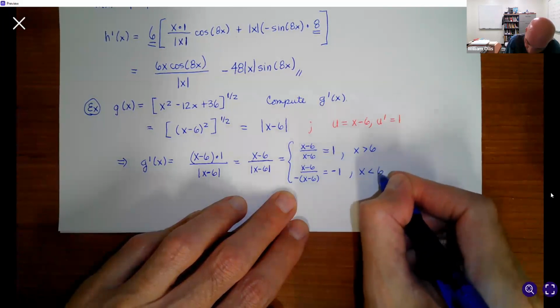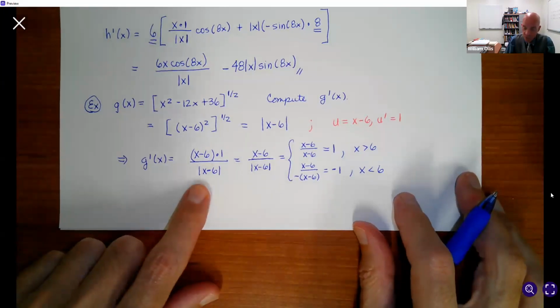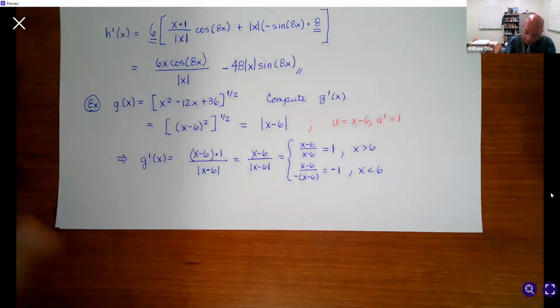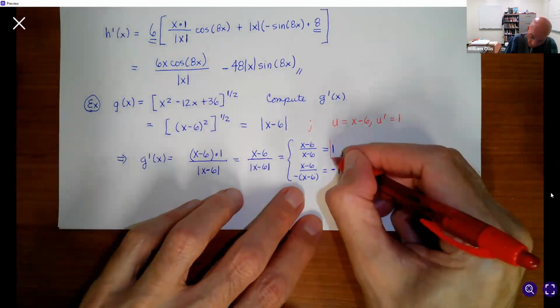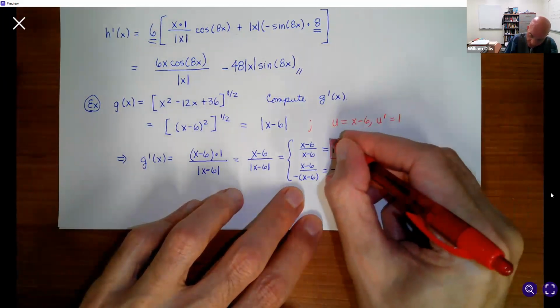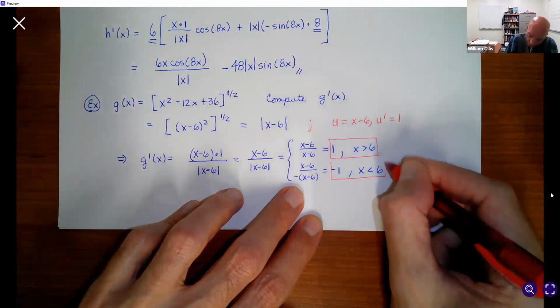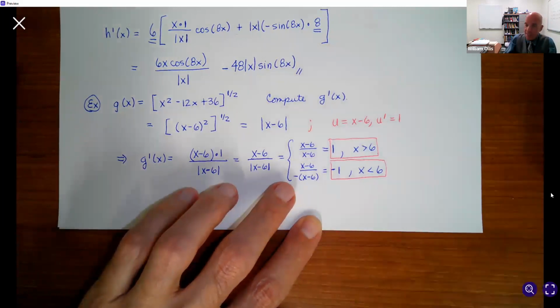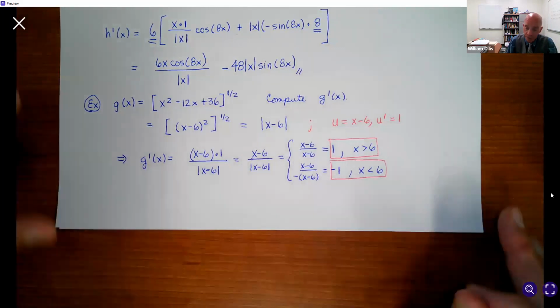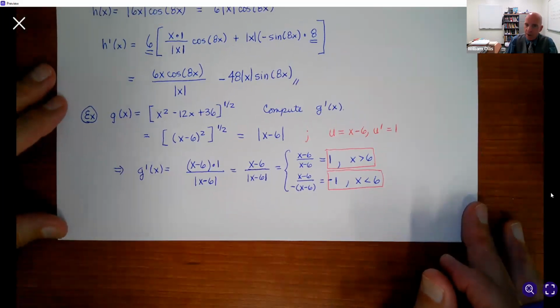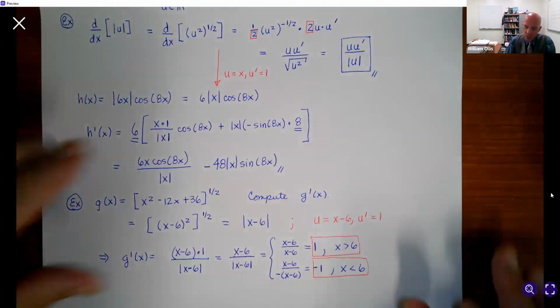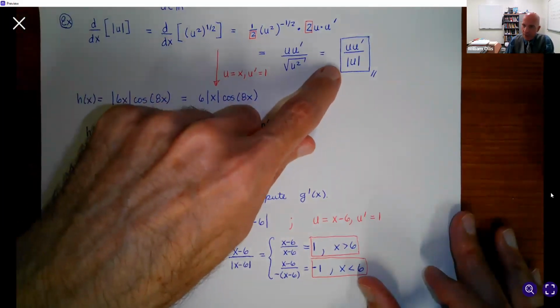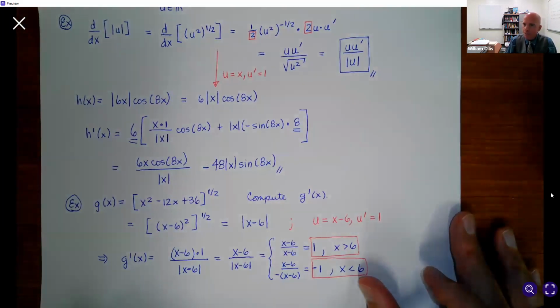So now the function could be defined as 1 when x is greater than 6, and -1 when x is less than 6, just by definition of absolute value. So that's an interesting problem, and very useful that we can apply this formula.